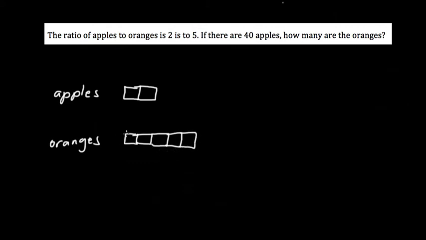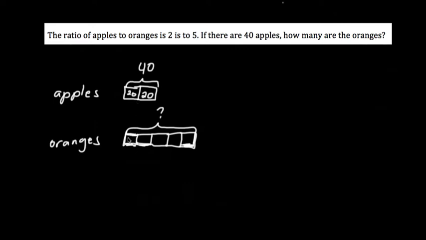Again, those boxes should have the same value, so try as much as possible to draw them in similar sizes. Okay? And there. So, if there are 40 apples, so that means this is 40. How many are the oranges? So this is what we don't know, the number of oranges. Okay? But we can get a clue because if 2 boxes is equal to 40, then that should tell us that 1 box is equal to 20, right?